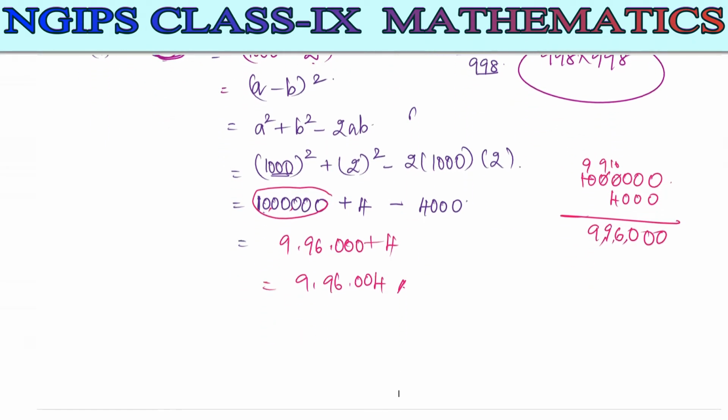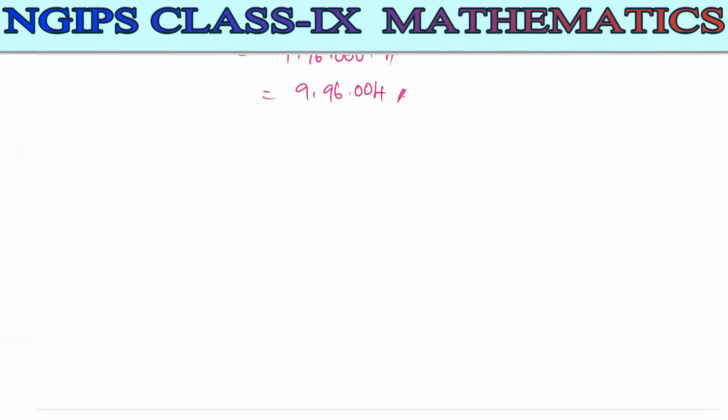Next we'll see one more example here, an exercise problem. Here we have the second one, 101 whole square. So 101 is closer to 100. So 100 plus 1 we need to take, because we have 101.